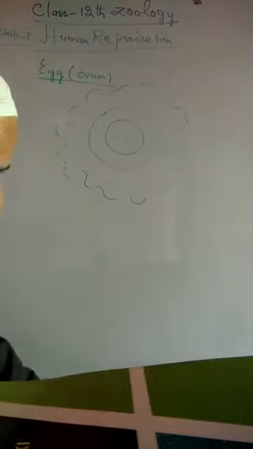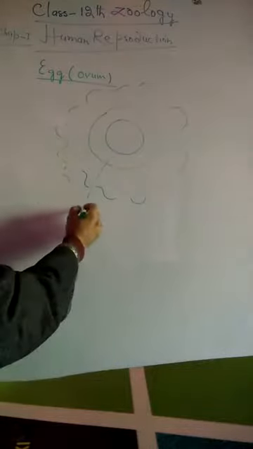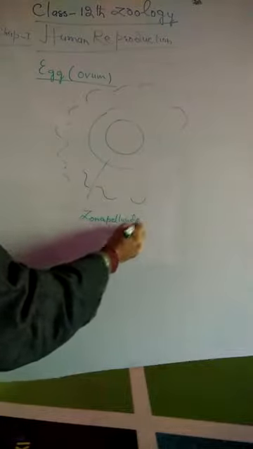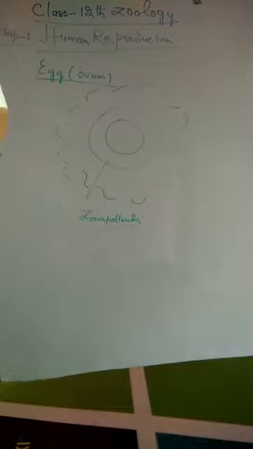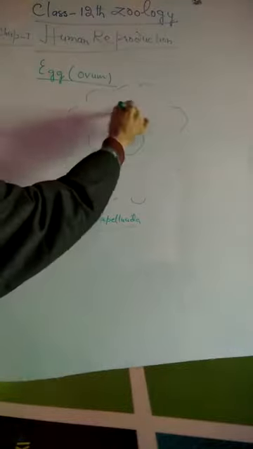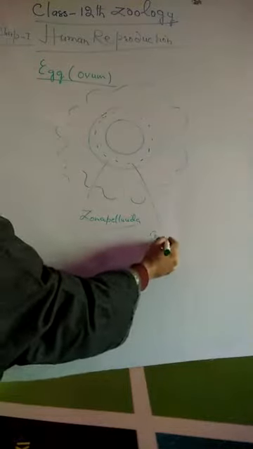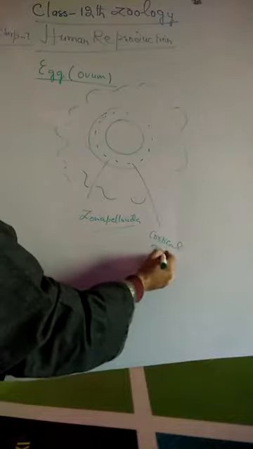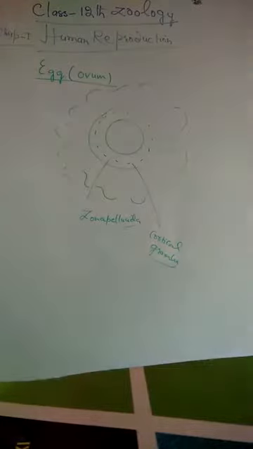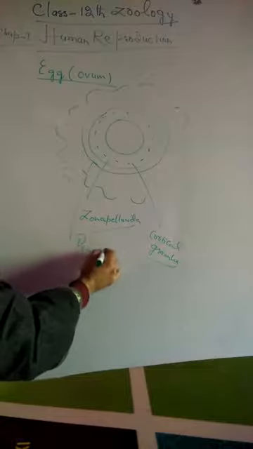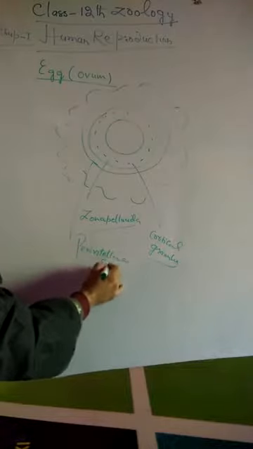The different parts can be seen as follows: this is called the zona pellucida, and these are the cortical granules of the cortex. And one more thing is there. This is called the perivitelline space, the space present here.